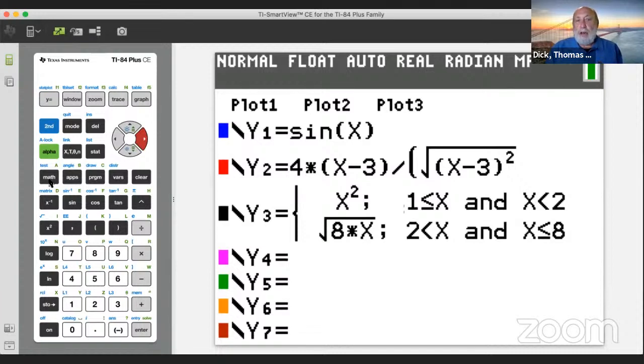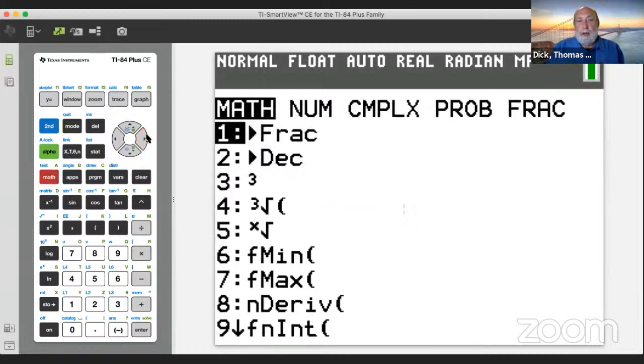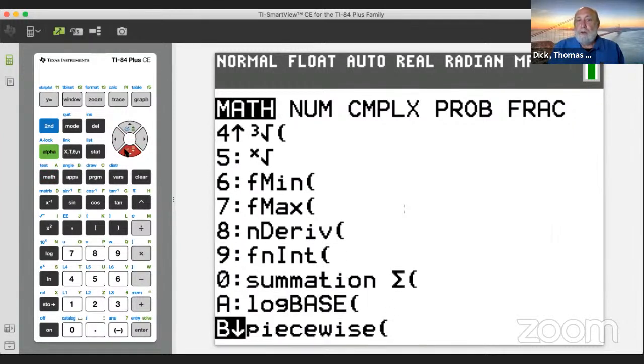One thing on the 84 is that sometimes people aren't aware that they can do a piecewise definition of a function very easily. So let's illustrate how you do that. If you go to your math menu, and it doesn't stare at you right here, but if you scroll down all the way to B, past the numbers, it says piecewise. And that's what we want here.